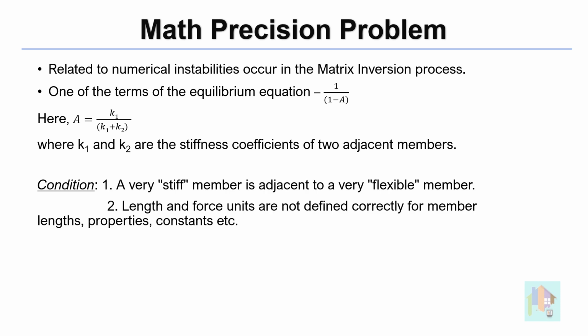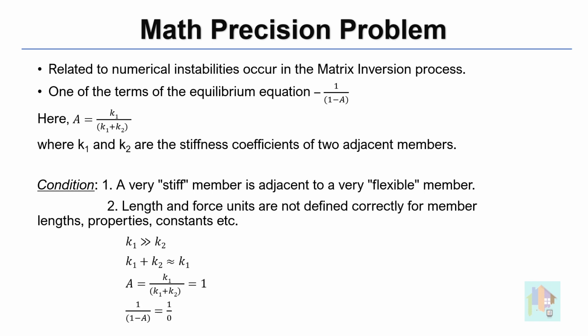Assume two conditions. Either a very stiff member is connected to a very flexible member, or the member properties are assigned in such a way that there is a huge difference of E or property value or member length. A common modeling mistake is to specify the dimensions in incorrect units, like 250 meter by 400 meter sections, or even material properties and length of a member in the wrong unit system.